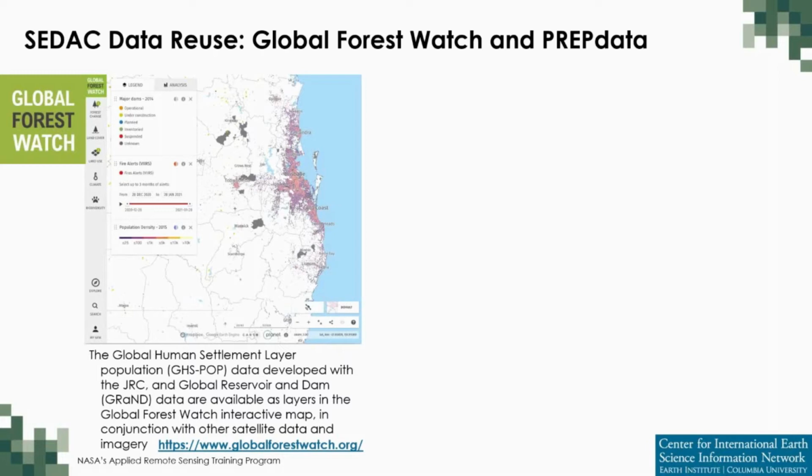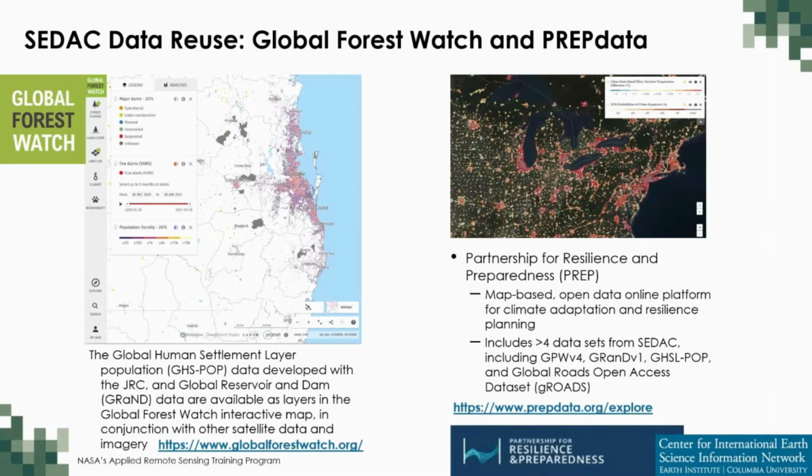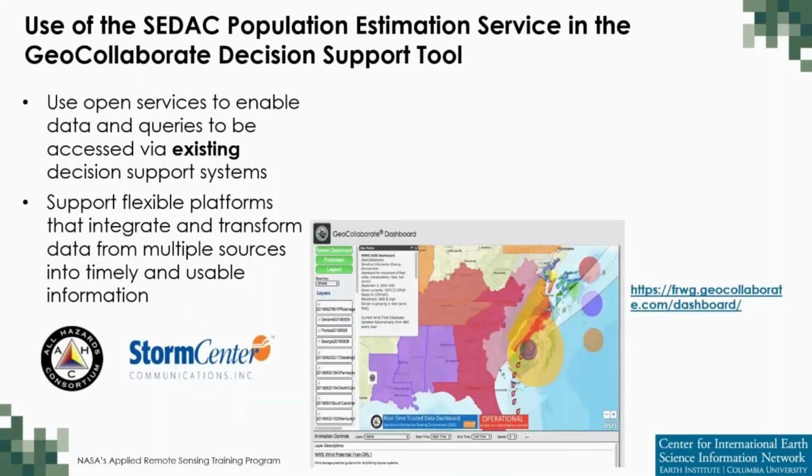And you will find the Global Human Settlement Layer, which combines our data with work by the European Commission Joint Research Center, as well as reservoir and dam data as one of the layers that is available through that interface. And similarly, there's a website developed by the Partnership for Resilience and Preparedness, which again also brings in population and other layers as an important factor in thinking about climate adaptation and resilience.